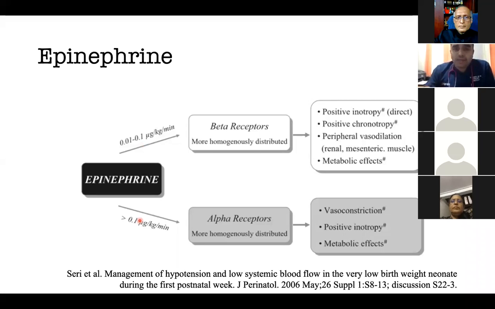So typically for management of shock, we start at doses of 0.05 and we usually go till 0.3. So dopa till 10, dobuta till 15. Usually some people restrict dobuta also at 10. Epinephrine 0.05 to 0.3 mics per kg per minute.